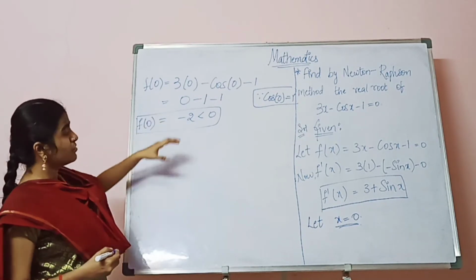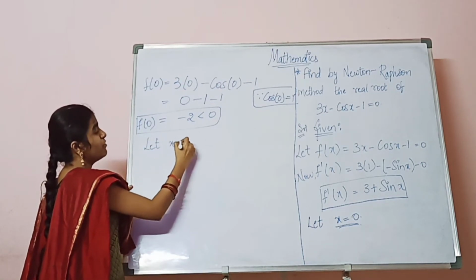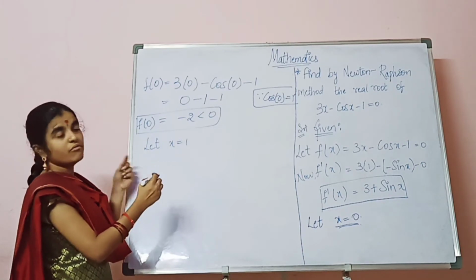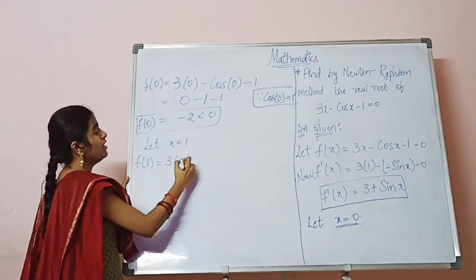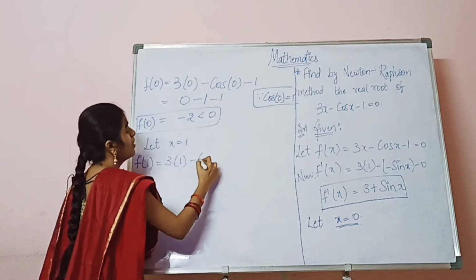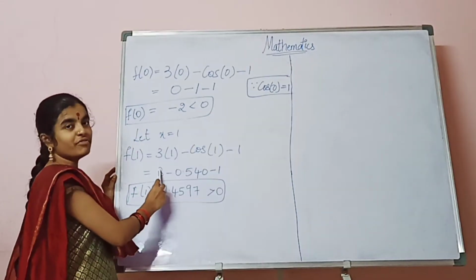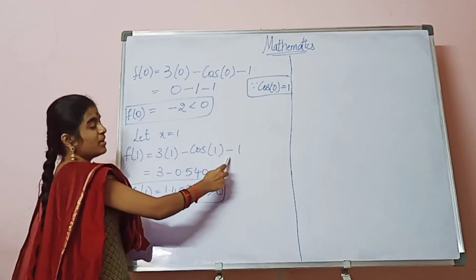So now we have to take x equals 1. Let us see by taking x equals 1. So f of 1 equals 3 into 1 minus cos 1 minus 1.